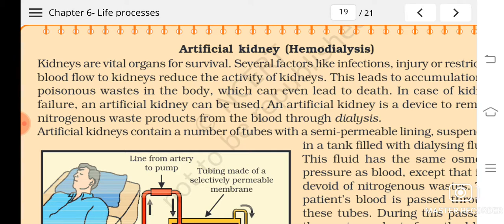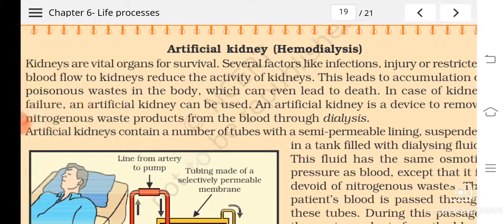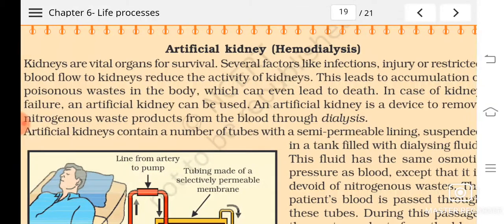Sometimes you would have heard of people with kidney problems undergoing dialysis, isn't it? It's also known as what? Hemodialysis. If kidneys are not functional, what will happen? They will not be able to work, and that causes a very dangerous situation for the patient.